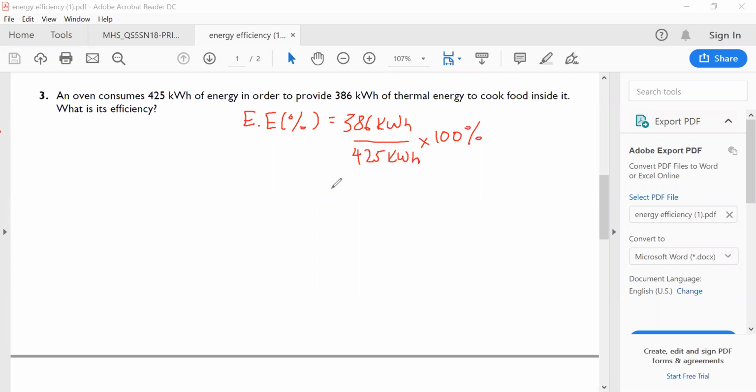And if I had any oven that was this efficient, I would purchase it right away at 90.8% efficiency, which is pretty incredible. So those are the three easiest varieties of energy efficiency problems. We can now move on to things that are a little more difficult.